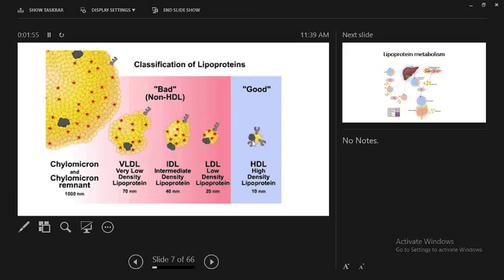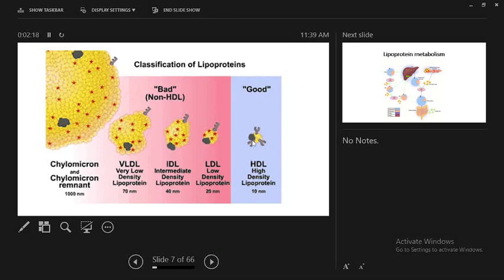So this is a classification of lipoproteins. You can see the largest lipoprotein particles are the chylomicron and the chylomicron remnant. Then we have very low density lipoproteins, intermediate density lipoproteins, LDL, the low density lipoproteins, and HDL, high density lipoproteins.